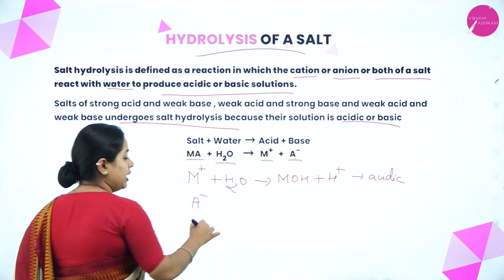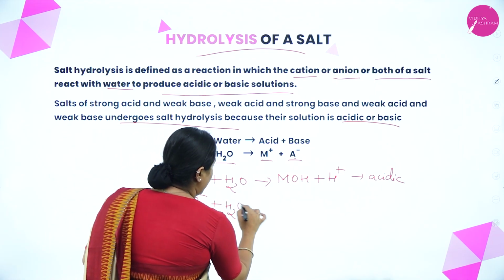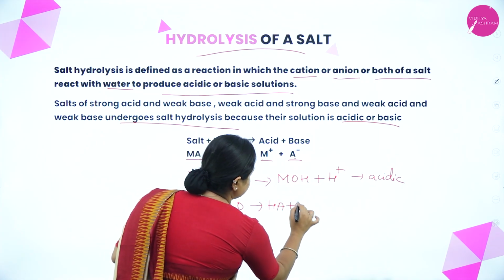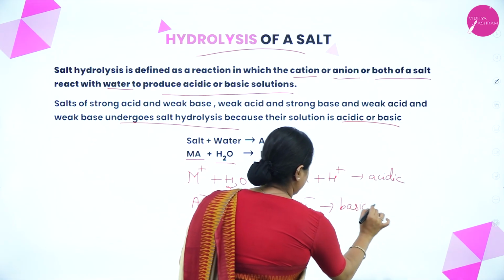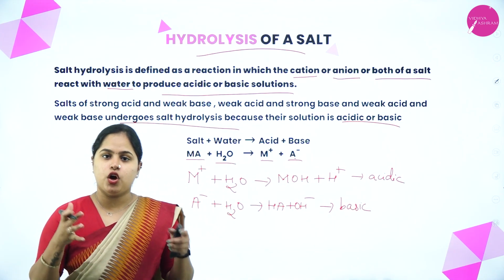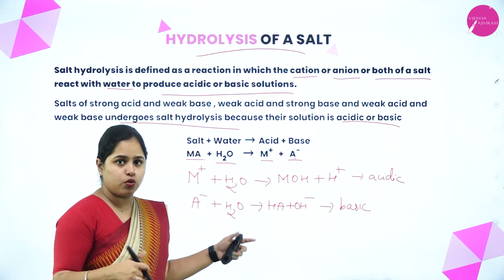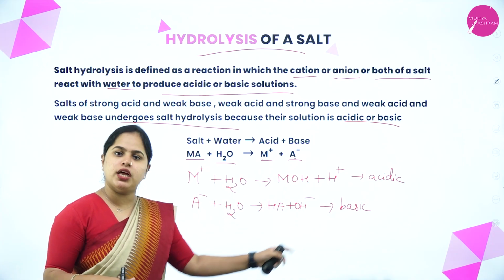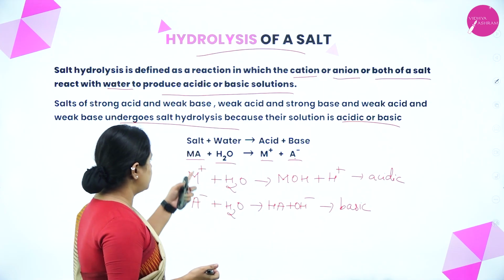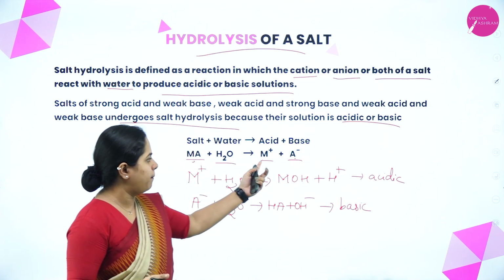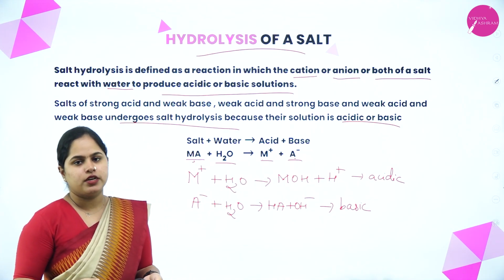A-, the other ion of the salt, undergoes hydrolysis and forms HA and releases OH-. So this will be a basic solution. So either of these can undergo hydrolysis or both of these can undergo hydrolysis and form an acidic solution and a basic solution. So this is how salt hydrolysis takes place. So I hope it is clear.